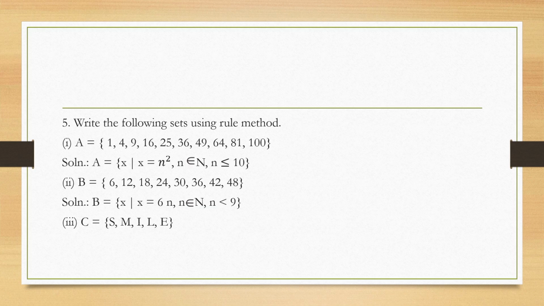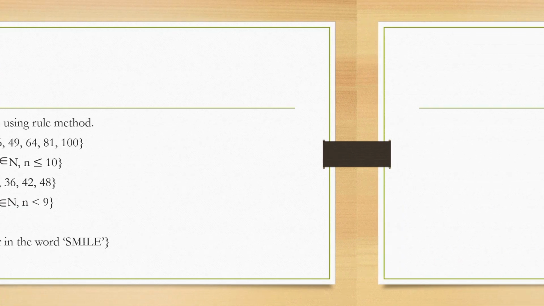Third, C is equal to curly bracket open s, m, i, l, e, curly bracket close. C is equal to curly bracket open y such that y is a letter in the word smile, curly bracket close.